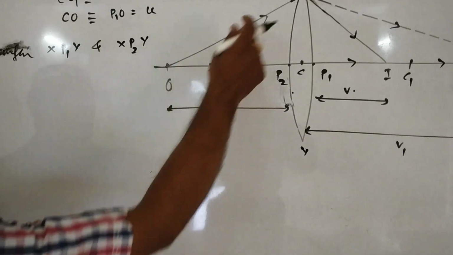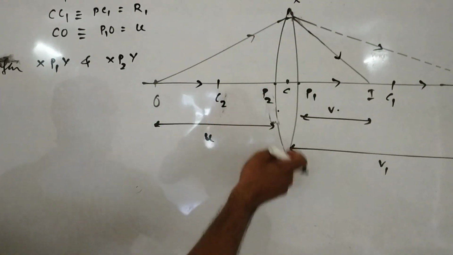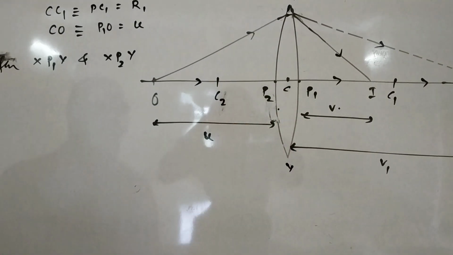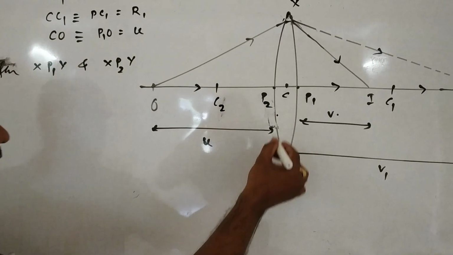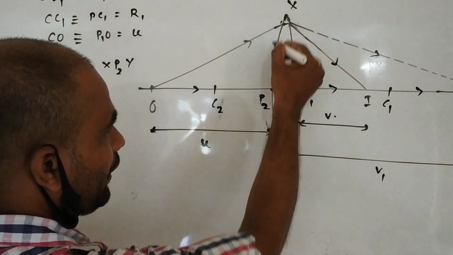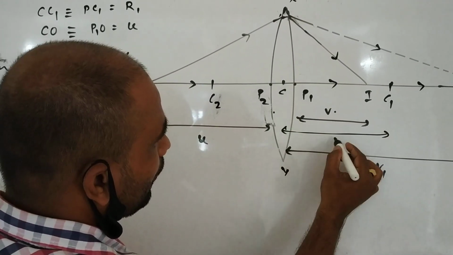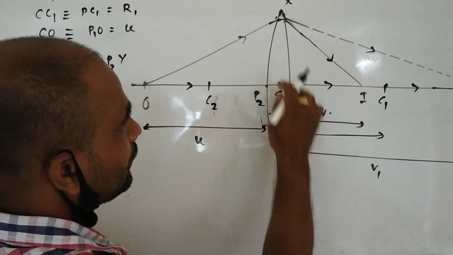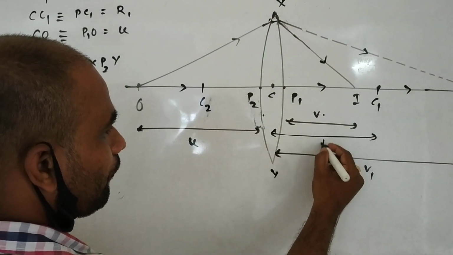So we have two surfaces, XP1Y and XP2Y. Now this is the first surface, whose center of curvature is C1, and the radius from here to here will be your R1.